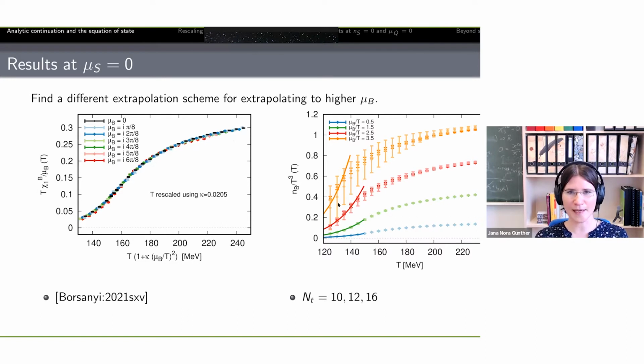And this was the basis to construct an expansion scheme or analysis scheme, which uses this collapsing of the curves. And then we can have an equation of state where also the central value does not show any plateauing behavior, because higher order terms are taken into account a little bit differently.